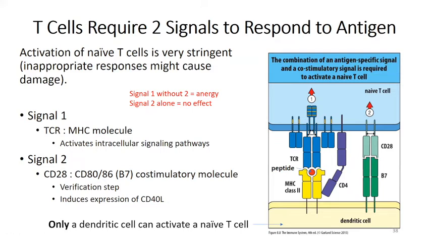The activation of the main receptor. So this is the first time we see a link between the innate system and the adaptive system. Remember that every cell is able to respond to pathogen.